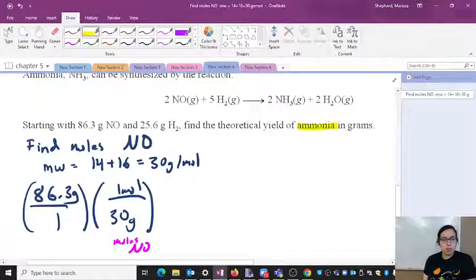You can also look at your dimensional analysis, right? You're going to end up with moles of NO. I want ammonia, so how do I get there?